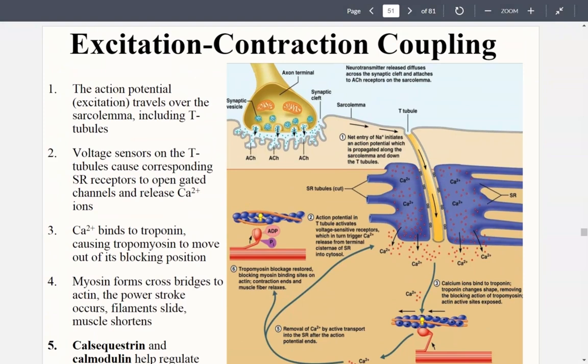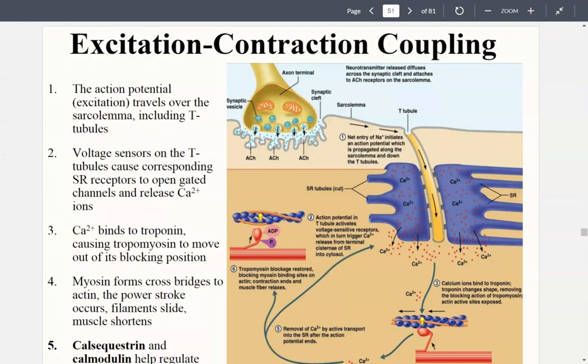So, action potential is generated because sodium floods in because of the binding of acetylcholine, which opens sodium channels. This action potential is going to go over the sarcolemma or cell plasma membrane and also travel down the T-tubules, which are stationed at the ends of every single sarcolemma.